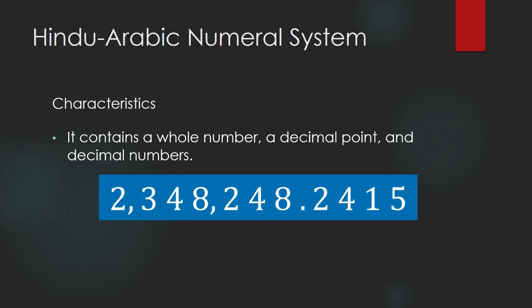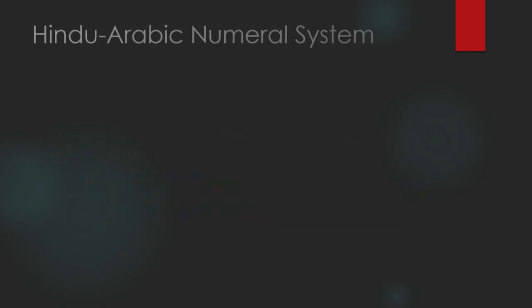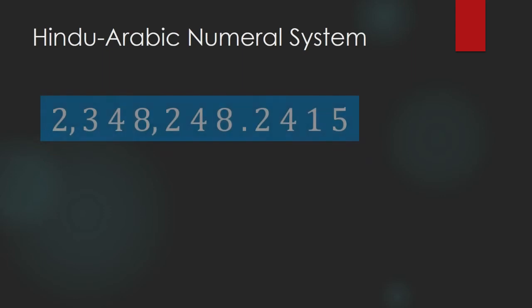So how do you read a number such as this? You read this as 2,348,248.2415. The 8, you call the ones. The digits before the decimal point, you start with the ones. And this one is the tens, so the 4 there stands for 40, 4 times 10.